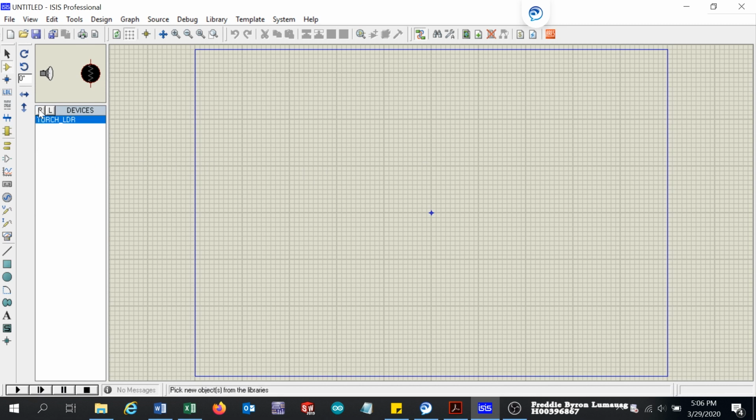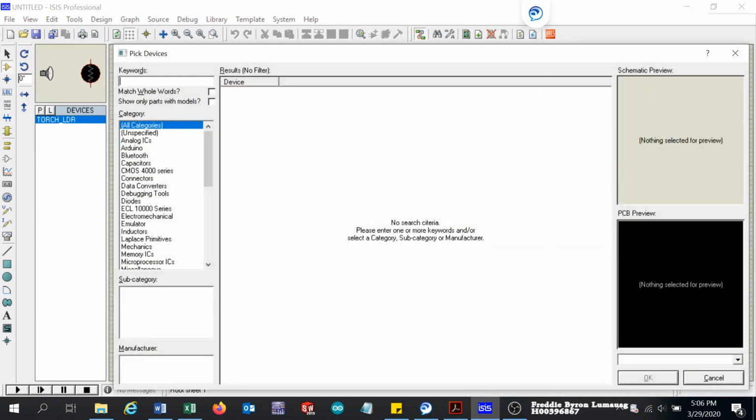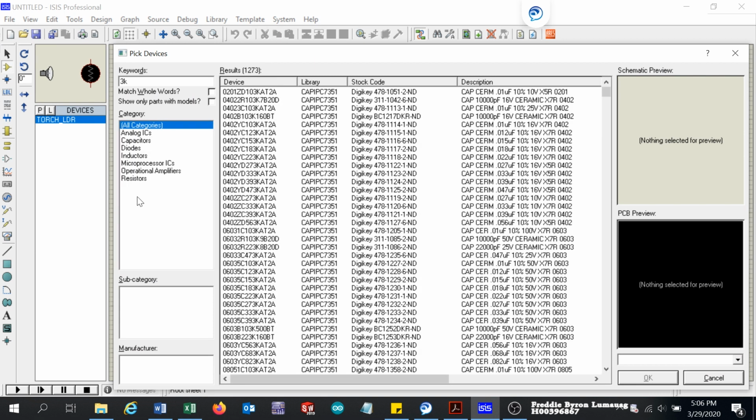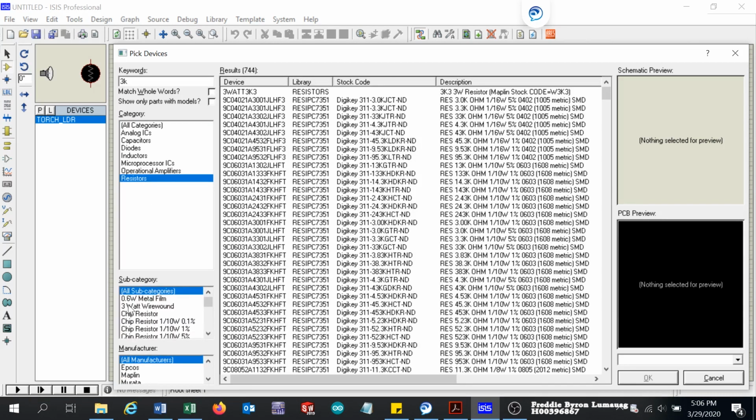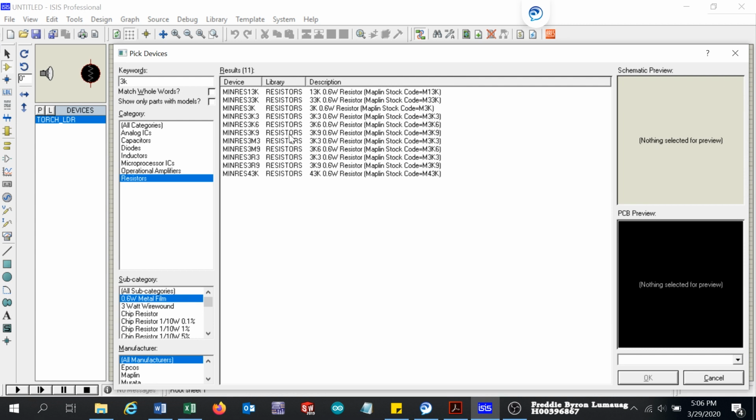And we need also a resistor, which is 3 kilo ohms. You have to select the maximum power of the resistor. This is not important. We need only the package, what resistor we will be using here.